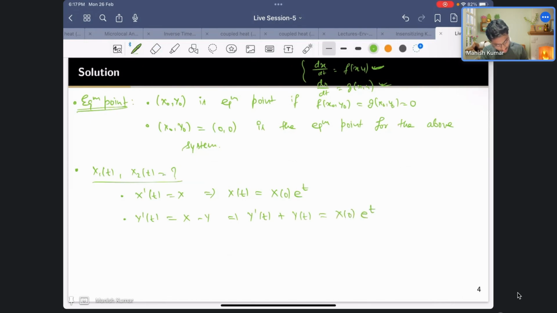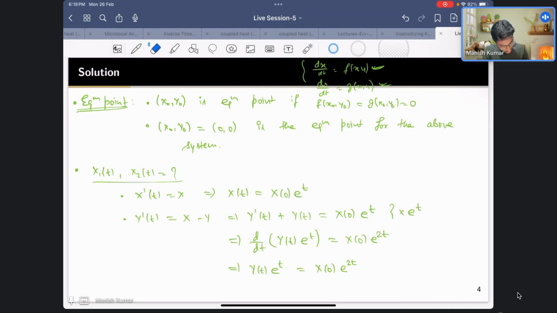So it is x0 times exponential of t. Now let us multiply by exponential of t, then the left hand side would be d by dt of y(t) times e^t, and this is x0 times e raised to power 2t. Now we'll just integrate with respect to t. So what we get is y(t) e^t is equal to x0 e raised to the power 2t, plus some constant, and when we put t equal to 0, we get y0 minus x0.